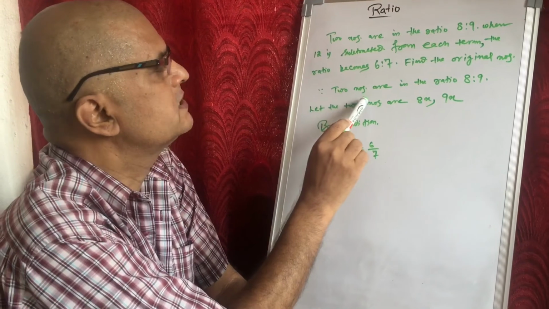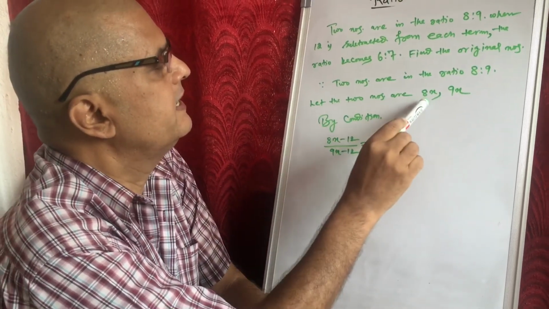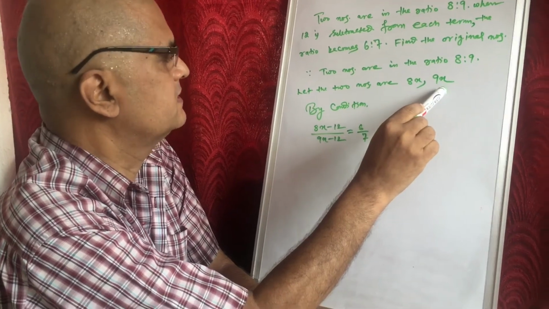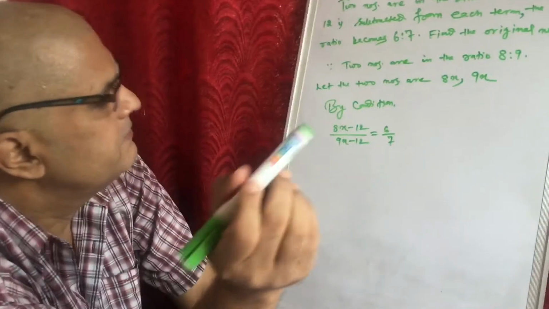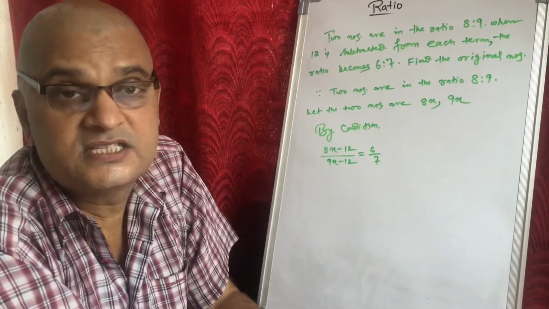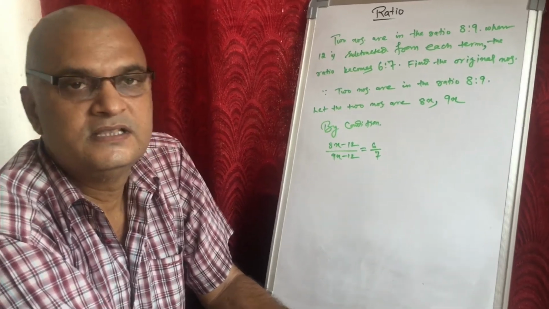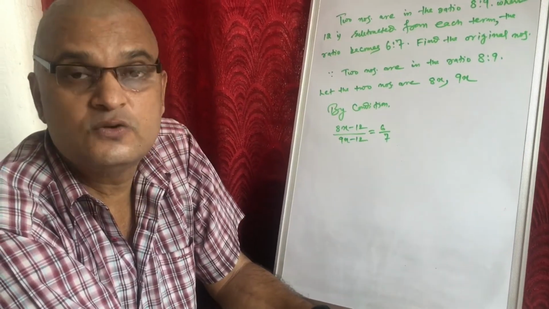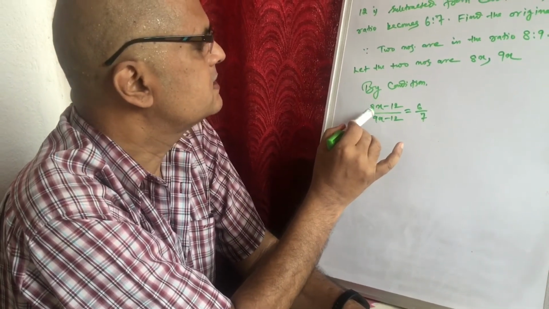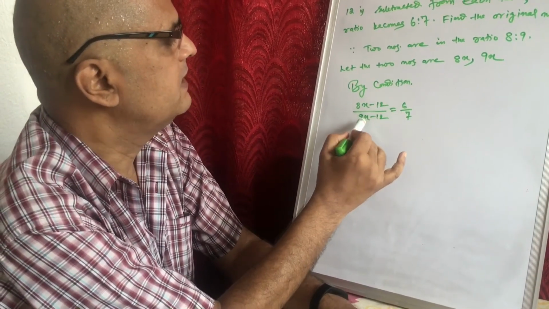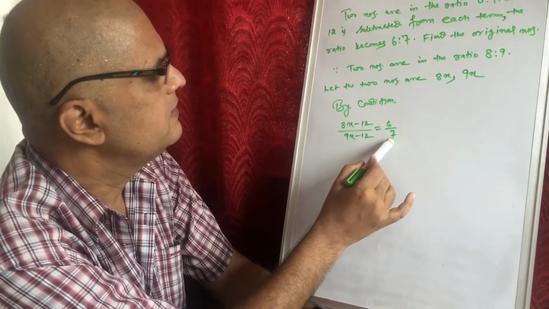Now see how to solve this problem. Two numbers are in the ratio 8:9. Let the two numbers be 8x and 9x. So by condition, it is given that if 12 is subtracted from each term, the ratio becomes 6:7. So by condition, I have to write like this: 8x minus 12 divided by 9x minus 12 is equal to 6 by 7.